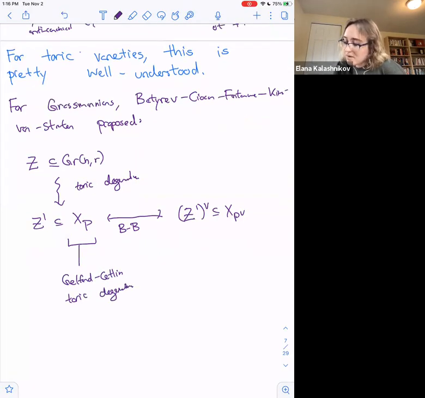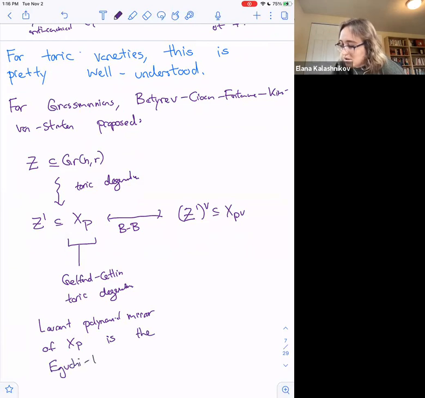And if you take the Laurent polynomial mirror of this toric variety X_P, it is the mirror proposed by Eguchi-Hori-Xiong. So this is the Eguchi-Hori-Xiong mirror.